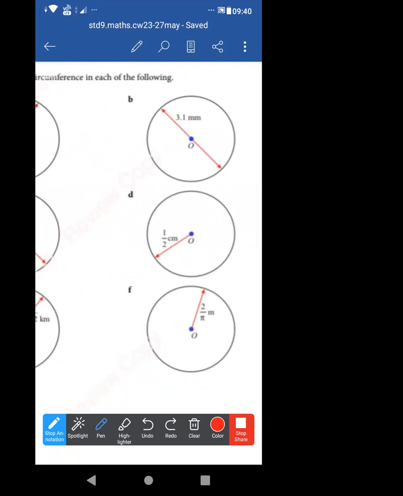Now area. Area means pi into r square, that is 1 by 2 whole square. Double of half is 1, so here the diameter is 1.